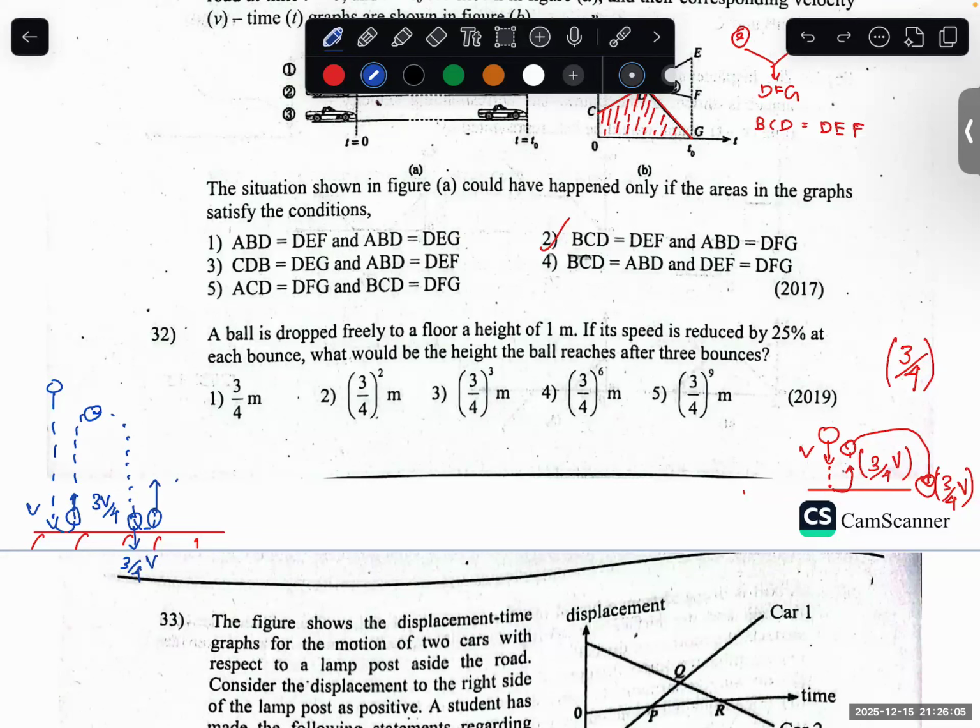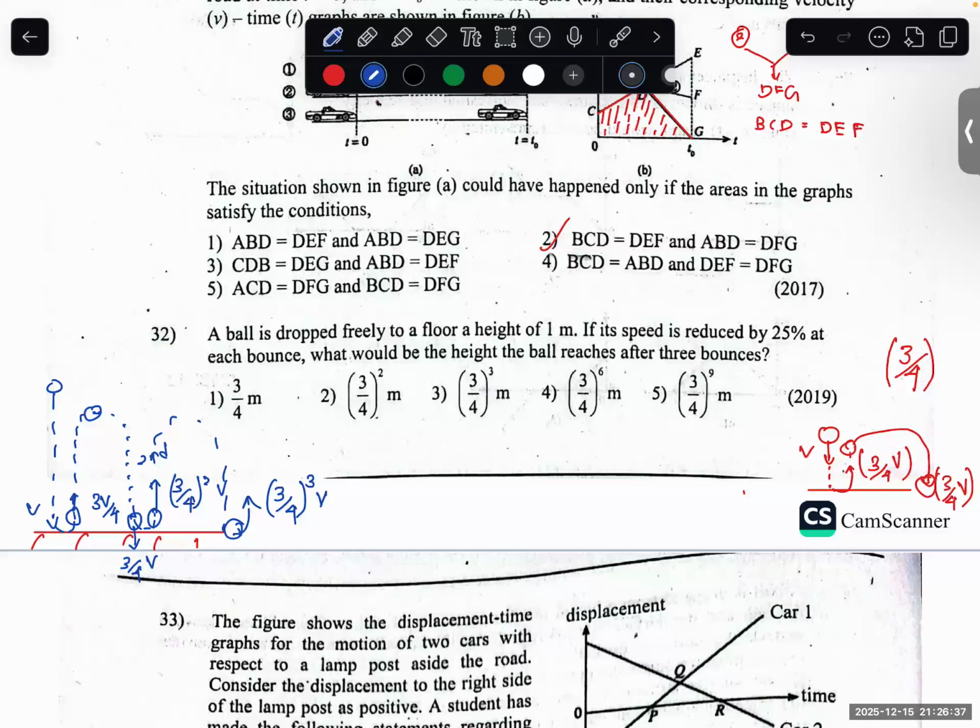So therefore, (3 by 4) squared V. So that's this after the second collision. So a similar thing will happen after the third collision. What is the velocity after the third collision? Another 3/4, right? So (3/4) cubed into V. Got it? Do you understand? Yes.